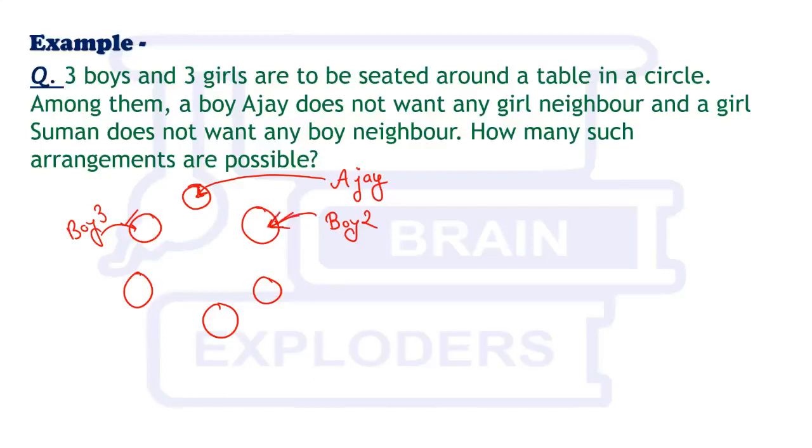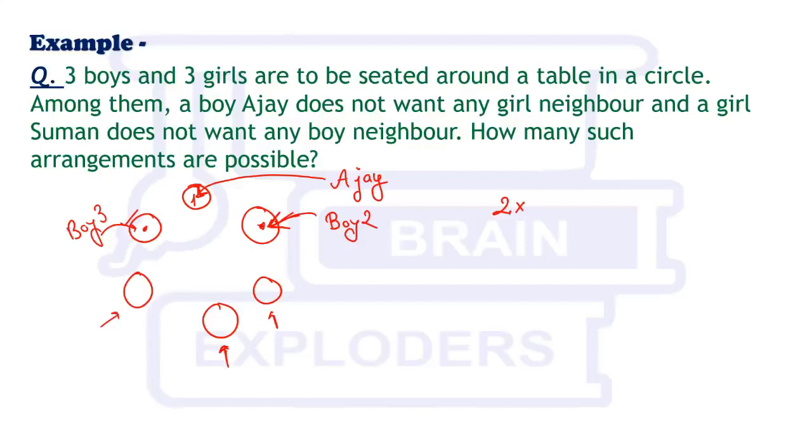So how many boys can be placed here? There are 2 choices. In how many ways can the boy be placed here? We have 2 choices. Now we have Ajay over here and a boy over here and the third boy over here. Okay, now on what place can we have Suman be seated?